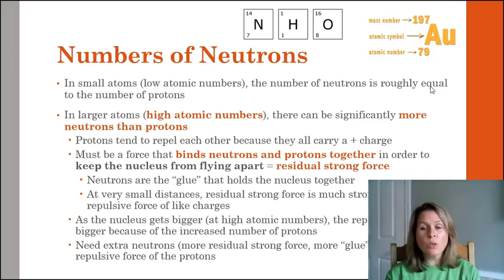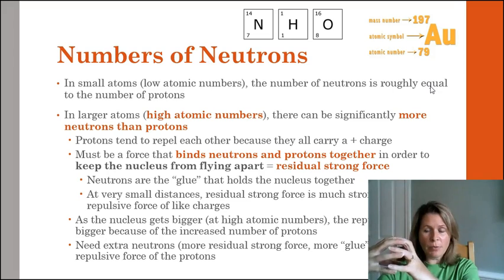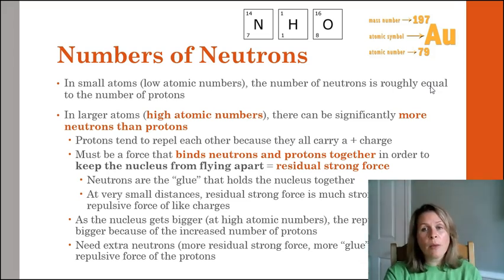It's like more glue, more residual strong force to overcome that repulsive force of the protons to hold that nucleus together. So just in a nutshell, at these higher atomic numbers, you have not equal numbers of neutrons, but a whole lot more neutrons in order to keep the nucleus together as one single cohesive thing. Okay, but at lower atomic numbers, in general, the number of neutrons equals the number of protons.